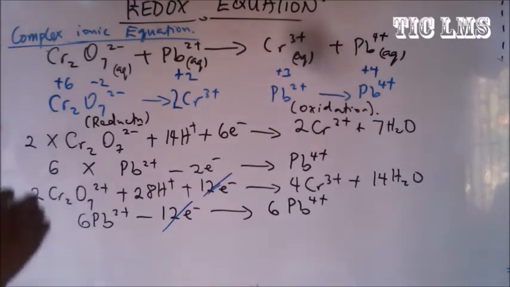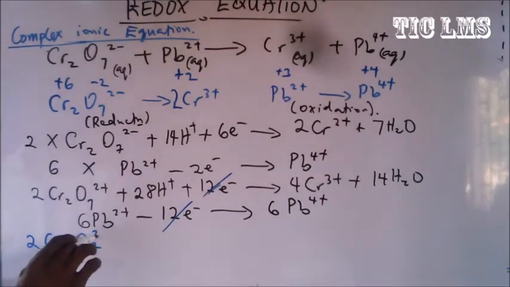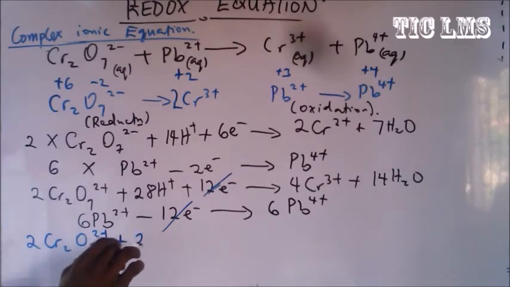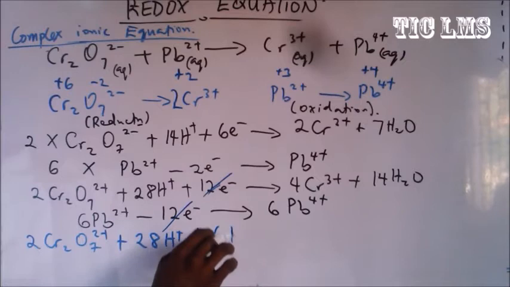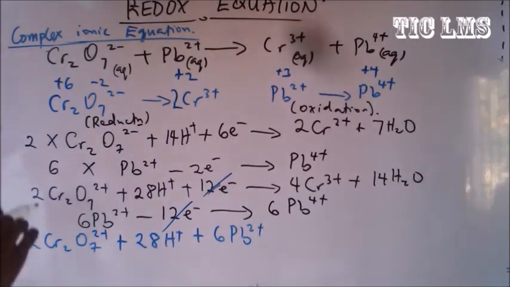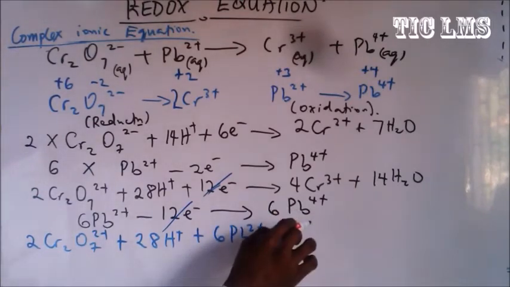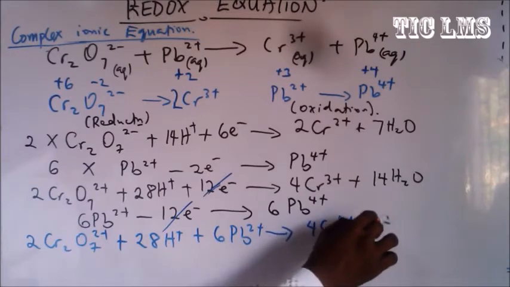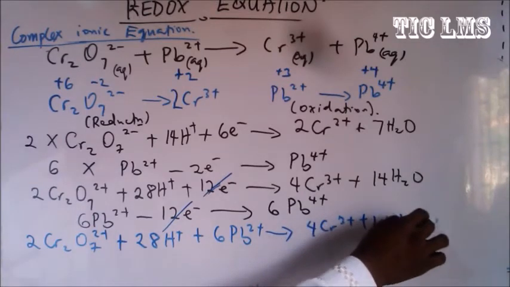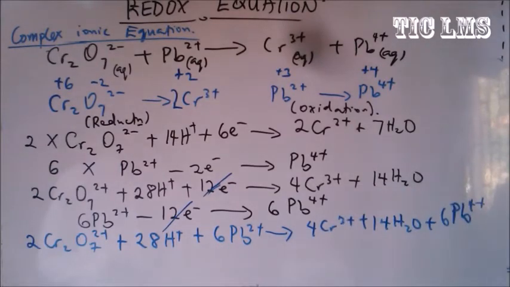Now the equation is 2 Cr2O7 2 minus plus 28 H plus 6 Pb2 plus, that's this and this, and on the product side we have 4 Cr3 plus 14 H2O plus 6 Pb4 plus. This is the balanced reaction.